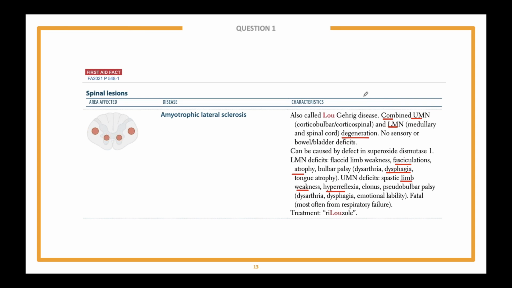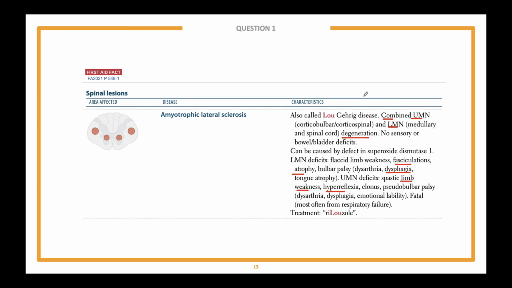And then when we think about the pathway, one of the pathways involved would be the lateral corticospinal tract. That's one of the upper motor neuron pathways, okay? So when you look at the answer choices, and we'll go back to the question here, you can see that that's one of the upper motor neuron tracts that is involved in ALS, okay?